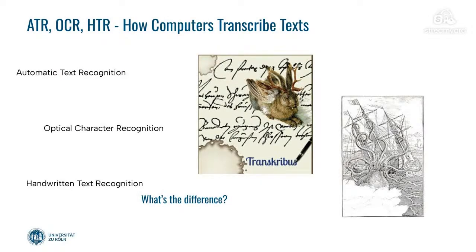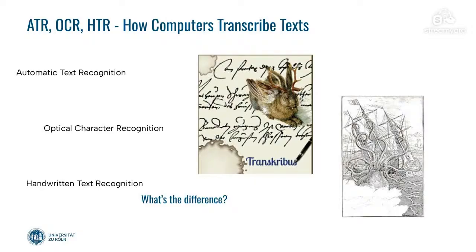So the first thing I want to look at is automatic text recognition. So how do computers actually transcribe text? Because this is crucial to use machine learning to, for example, work on making a digital edition by providing the digital facsimile and the transcription of the text.